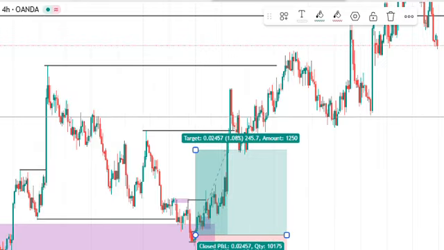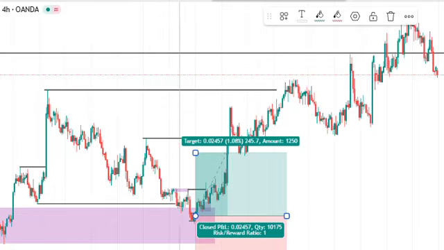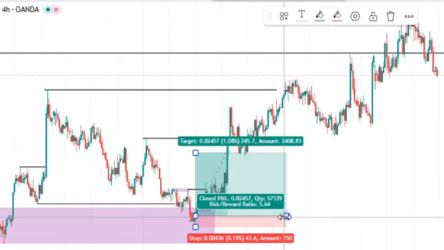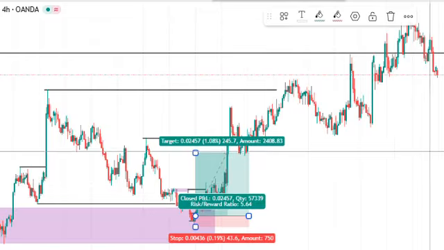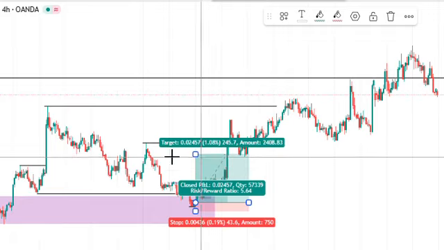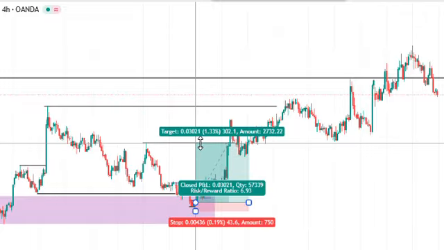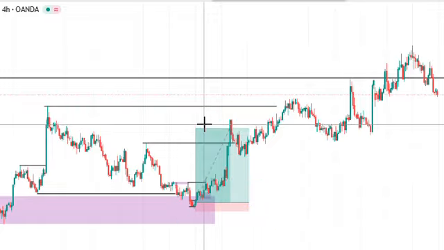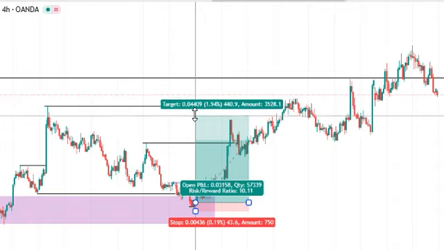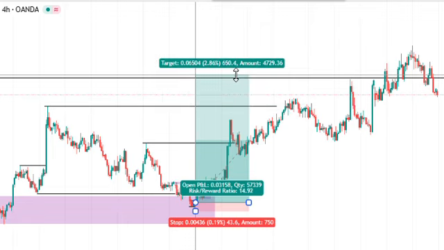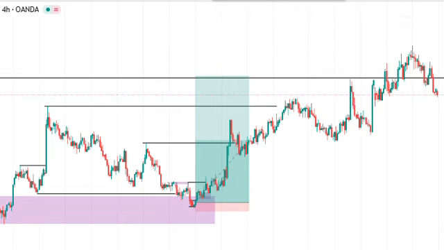My stop loss just below it. First TP was, how many risk to reward? 6. Second one was 10, and the last one 14.